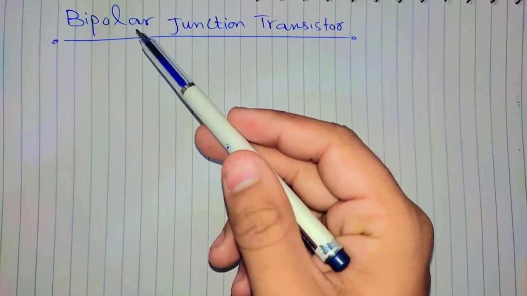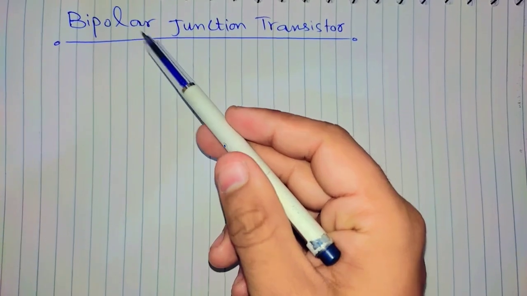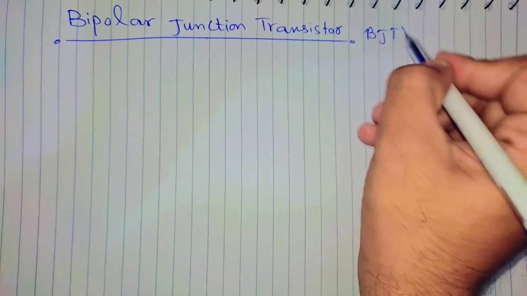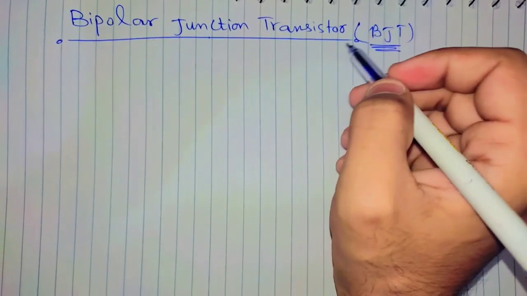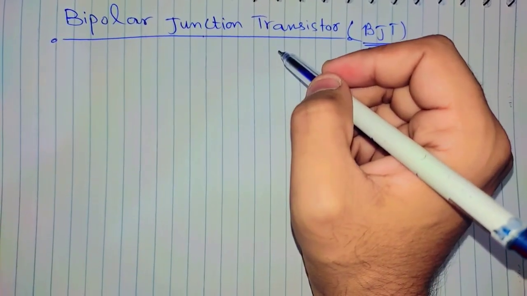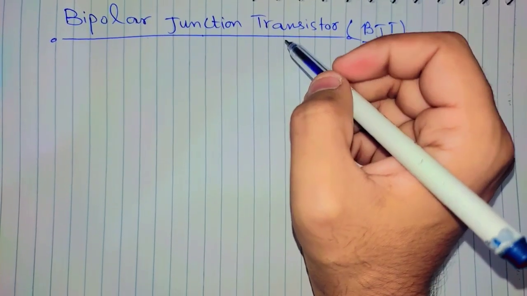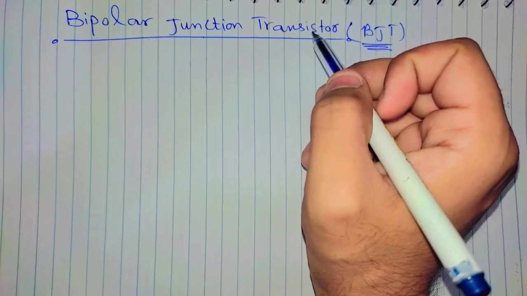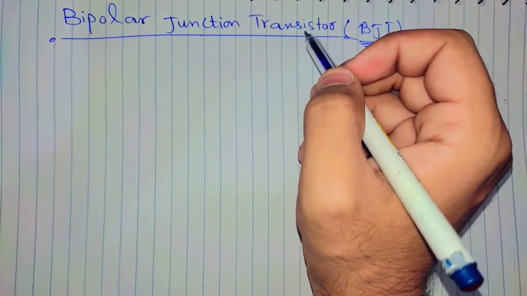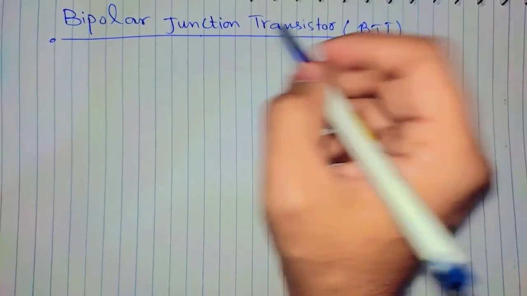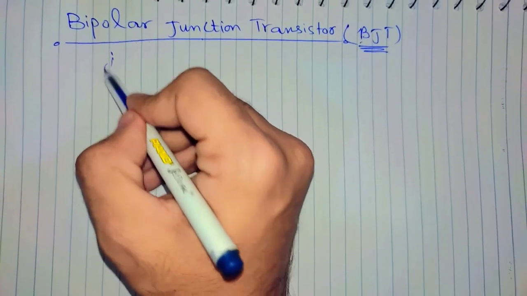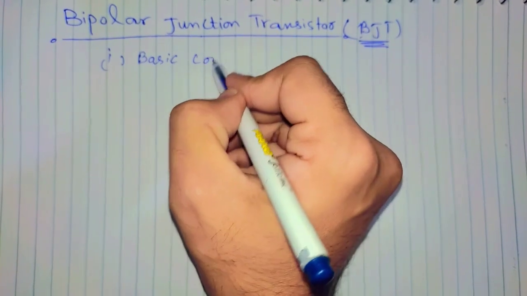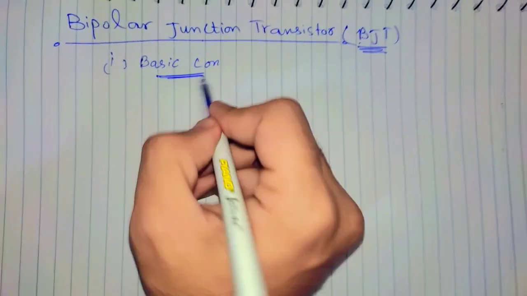So today we are going to learn about the bipolar junction transistor, BJT. In this lecture, we will learn the basic definition, concept, and construction of the bipolar junction transistor, what bipolar junction transistors are, why and where we use them, and what their applications are.